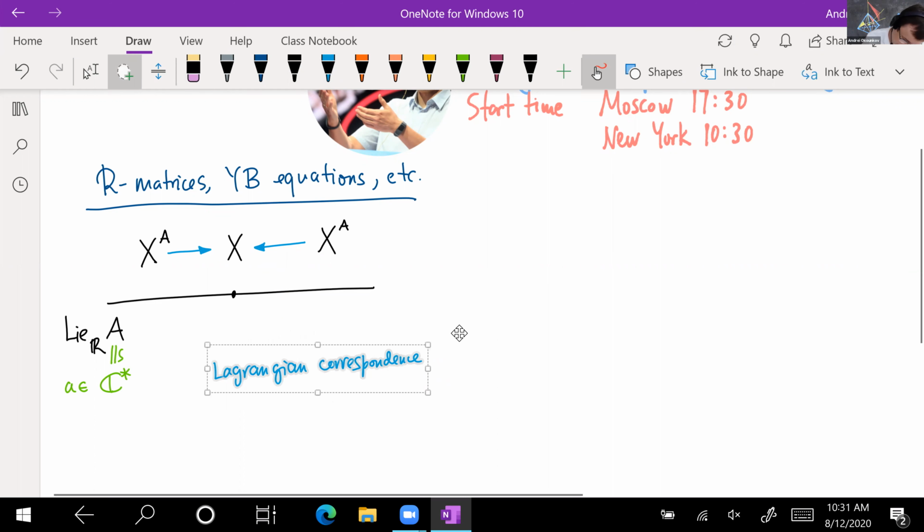If I have an inclusion of the fixed locus, I have a pullback of a line bundle. So by pullback of line bundles, this will map to the corresponding one.